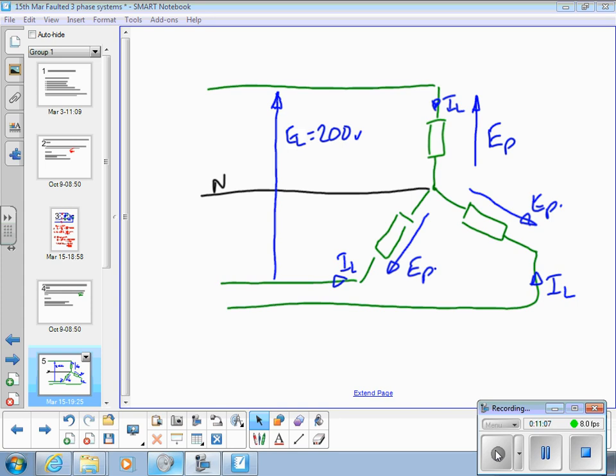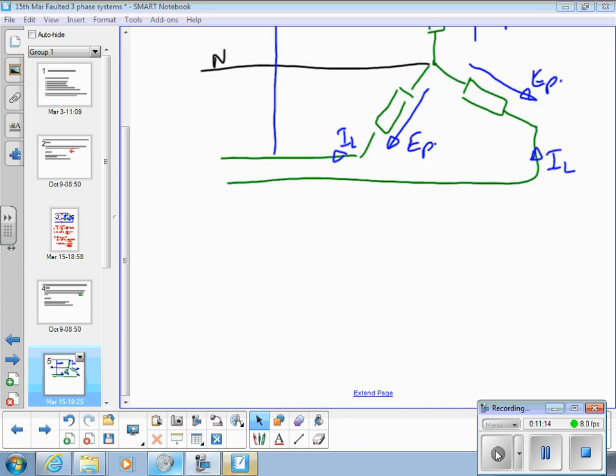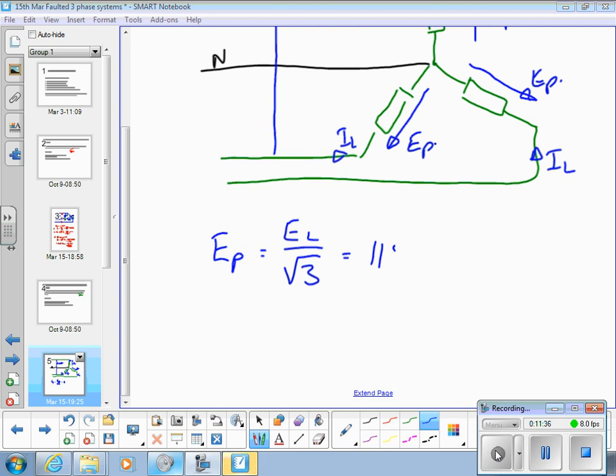So how have you started? What have you done? You've got EL, you mean E phase. What is it? EL over root 3 is 115.5 volts. So you say.